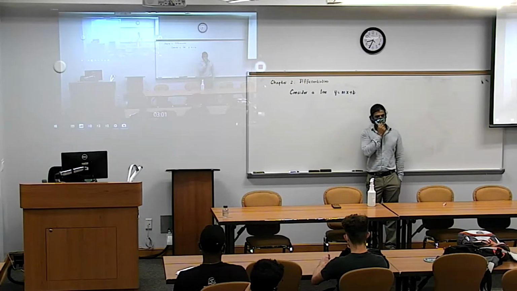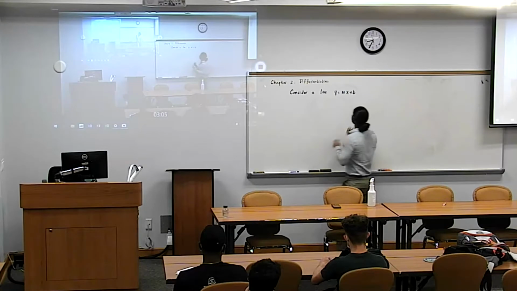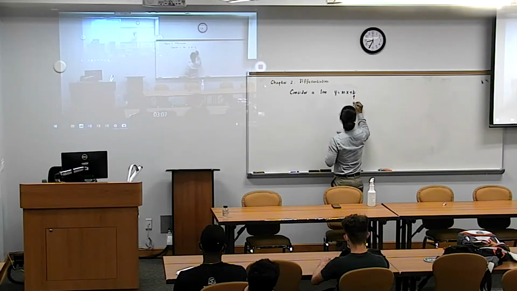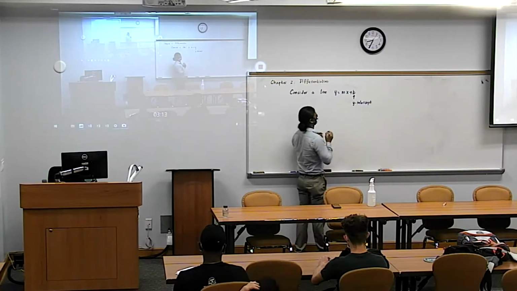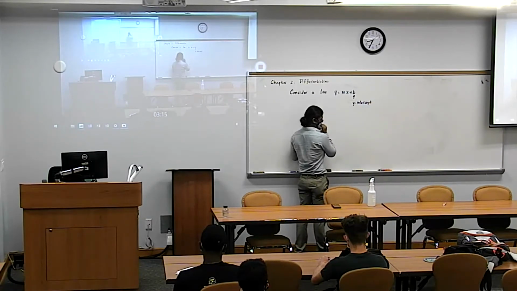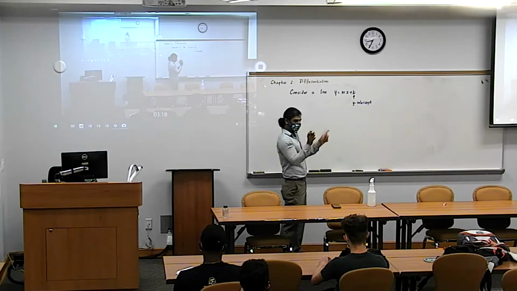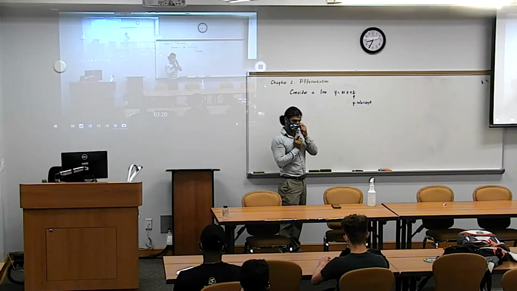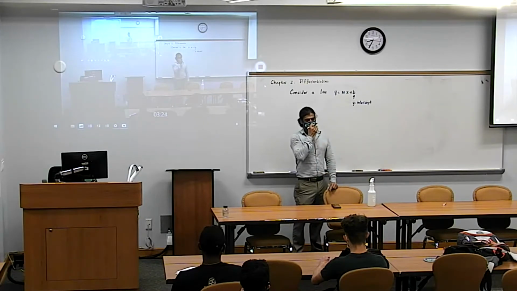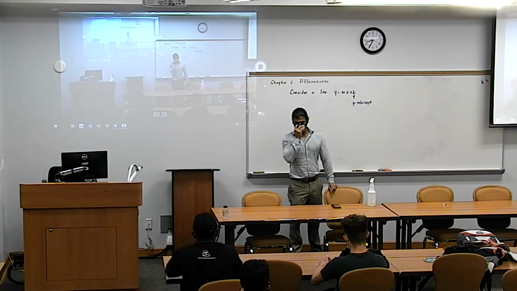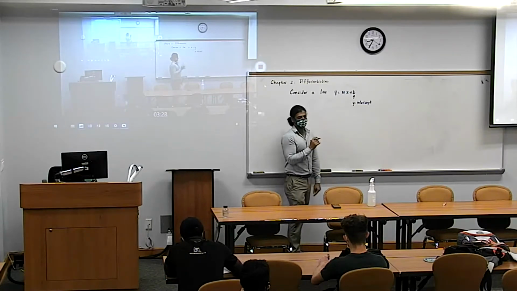So the b is going to be your y-intercept. And the mx typically is your rise over run. The entire mx part? No, just the x. Now I'm confused. Anyone else? He was right that b is the y-intercept.